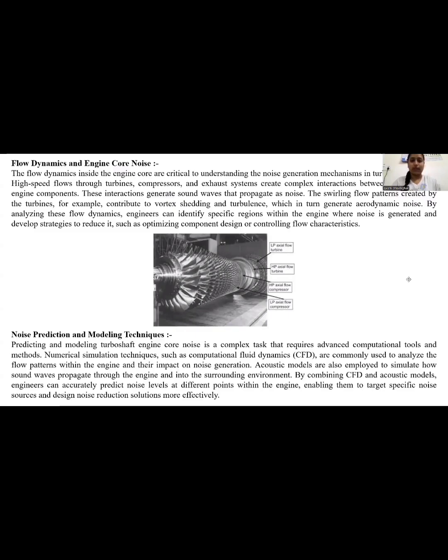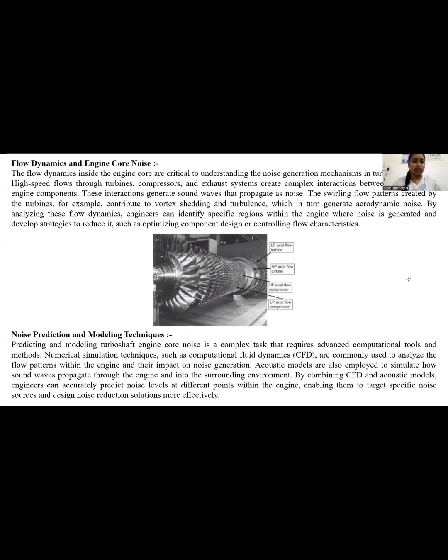The swirling flow pattern created by the turbines, for example, contributes to vortex shedding and turbulence, which in turn generate aerodynamic noise. By analyzing this flow dynamics, engineers can identify specific regions within the engine where noise is generated and develop strategies to reduce it, such as optimizing component design or controlling flow characteristics.